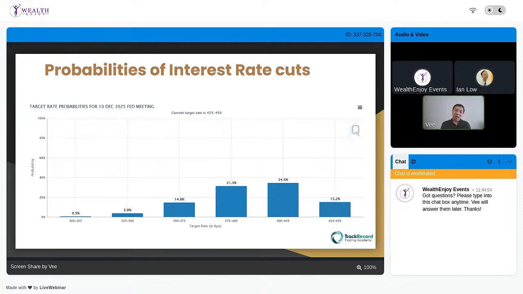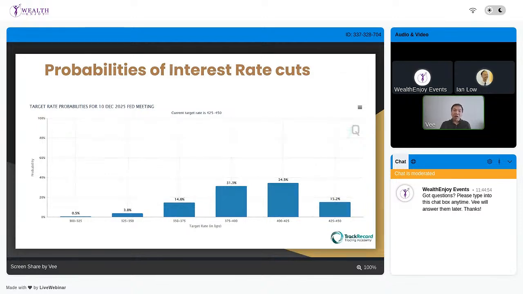And by the end of this year, there's probabilities of 30+% for only one cut, 30% for two cuts, right? So on a whole, it's complicated, but basically it means roughly around 1.5 cuts of 25 basis points is what the market is expecting, based on the economy, based on the inflation forecast, as well as based on what the Fed is telling us about their thought process.